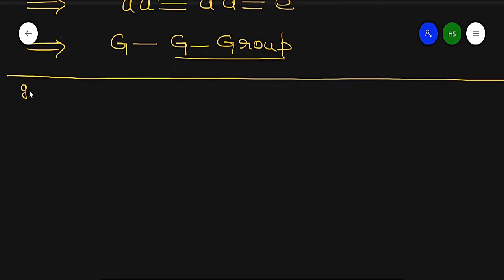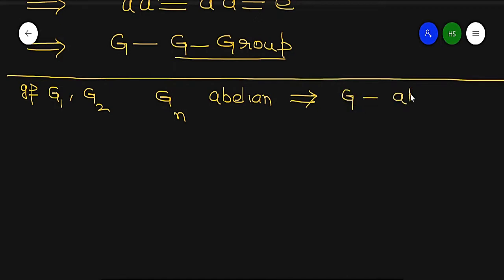If G1, G2, and so on up to Gn are abelian, we can easily prove that their direct sum G is also abelian.